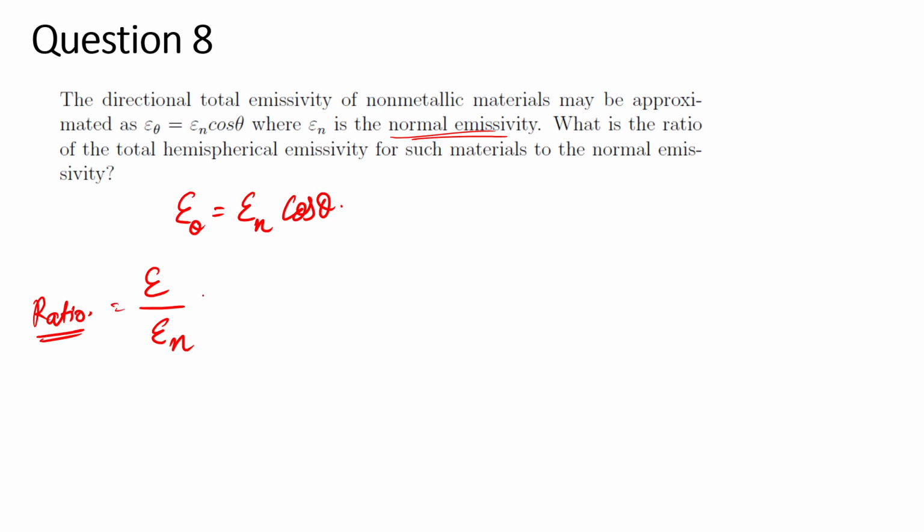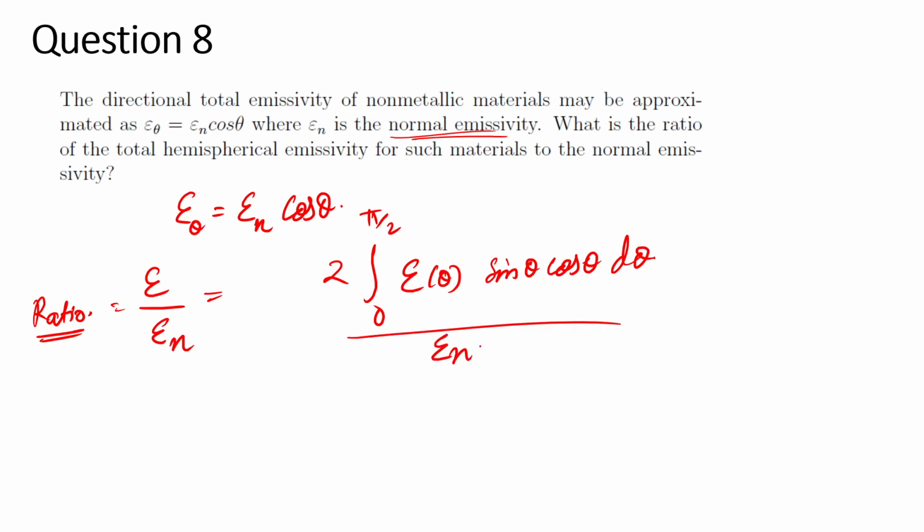Now this total hemispherical emissivity, as we were discussing, is nothing but 2 times the integral from 0 to pi by 2, since we are considering this hemisphere, of epsilon, which is a function of theta, into sine theta cos theta d theta, upon epsilon n. So for epsilon theta, we have been given this formula, epsilon n upon cos theta.